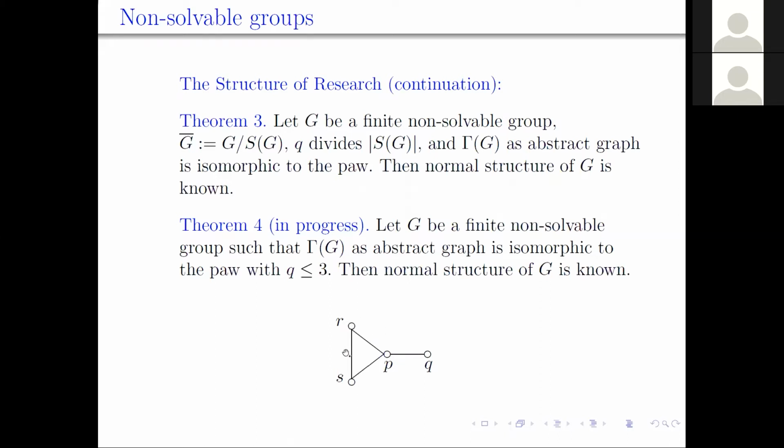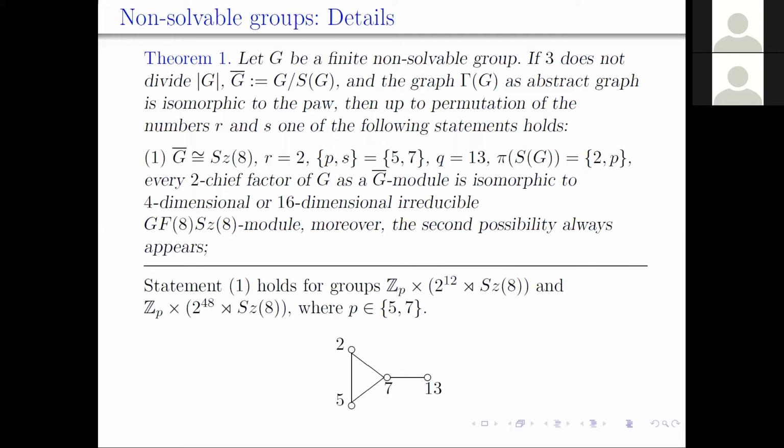Then R and S is the pair 2 and 5. And the last case, if R and P is the pair of numbers 2 and 3. Now I want to tell about these results in more detail.